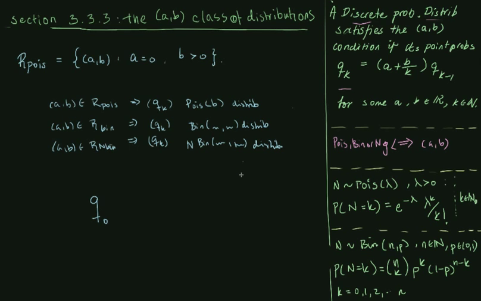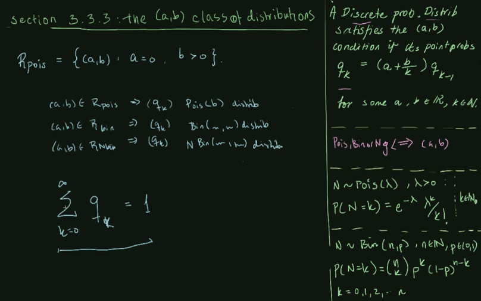The reason for that is that we will be able to write all of the QKs in terms of Q0 and establish what Q0 must be in order for the sum of probabilities to be equal to 1.